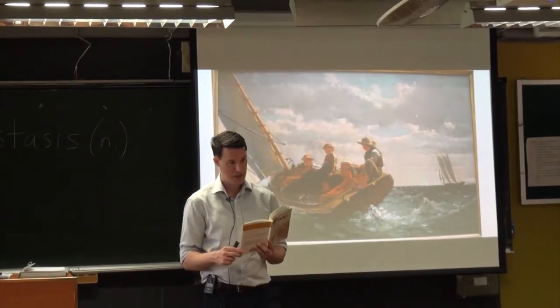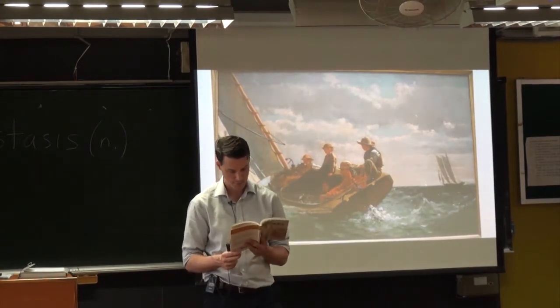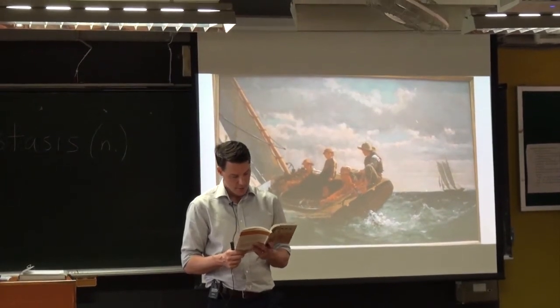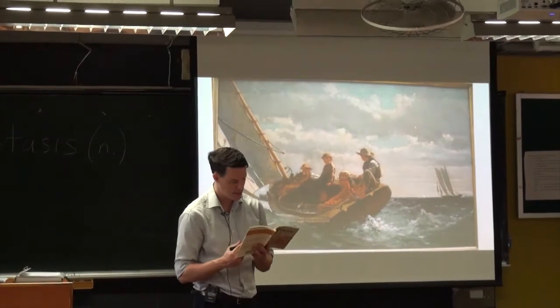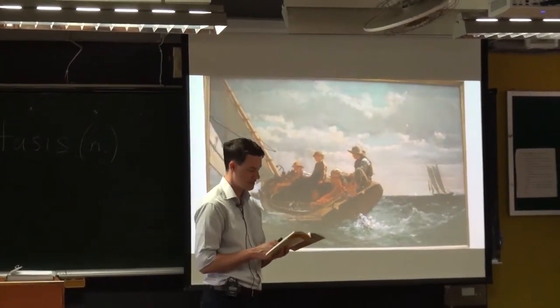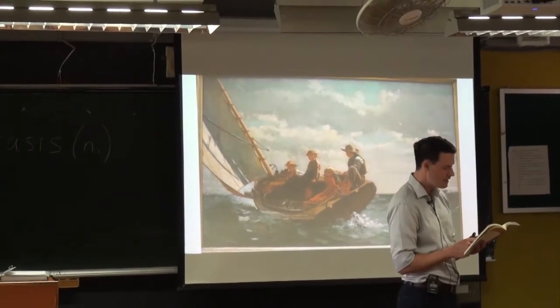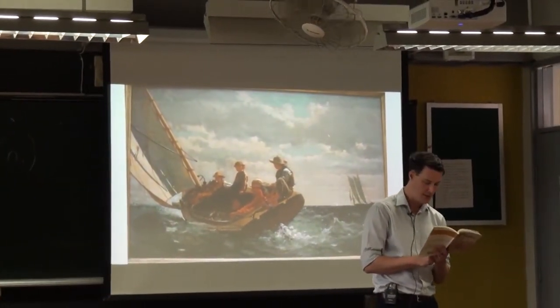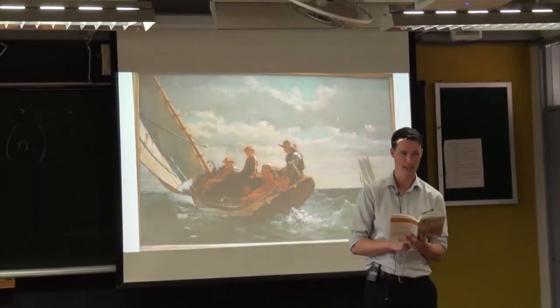So this chapter is about movement in paintings. Three young boys with their hats pulled down tight and determination on their faces are leaning against the wind to balance a sailboat on a windy day off the coast of Maine.